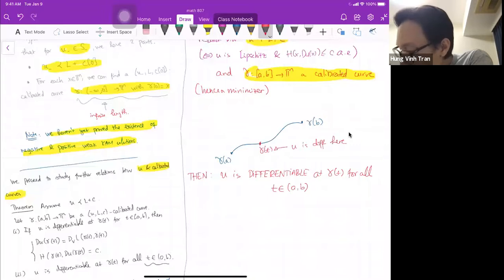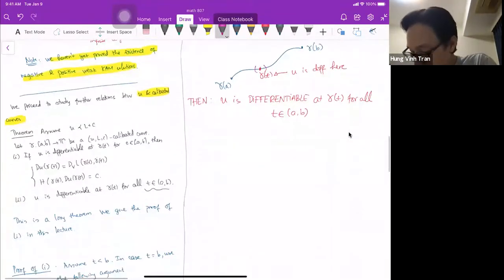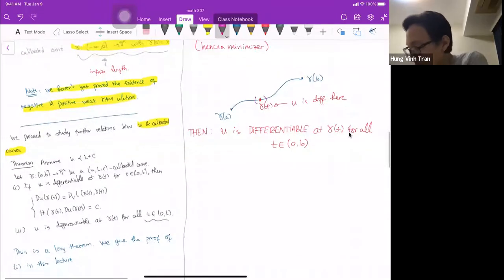Okay, so for any given point, what I need is to be able to find a tiny interval around it so that I can go to the left and to the right. And then I know that my function is differentiable there, and it's clear that it might fail at the two endpoints. So I think I put a remark here.